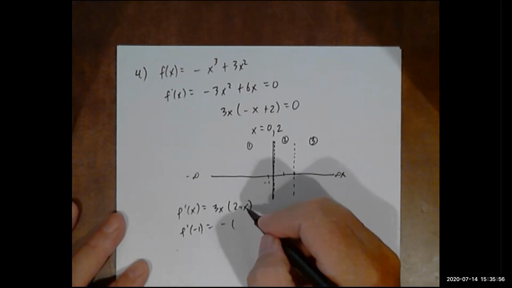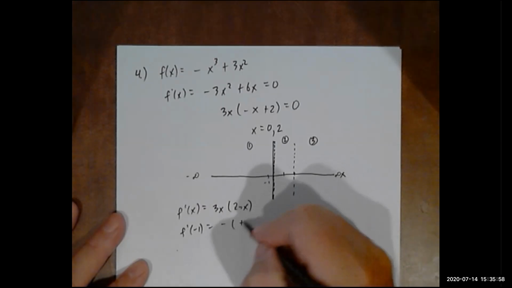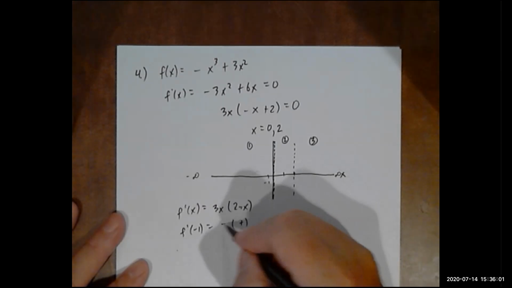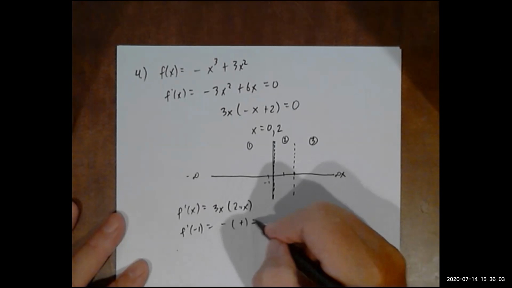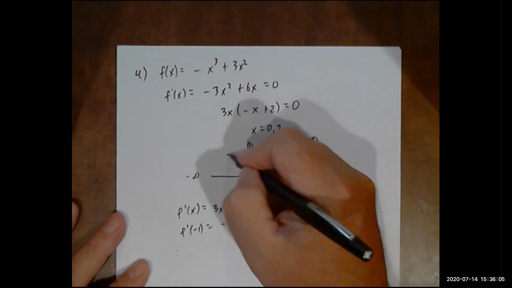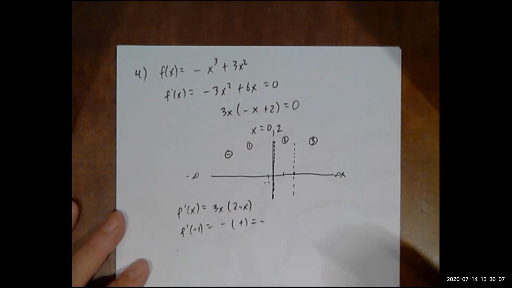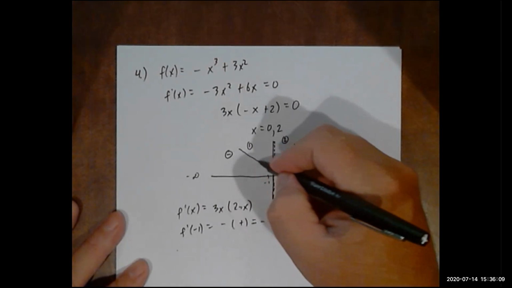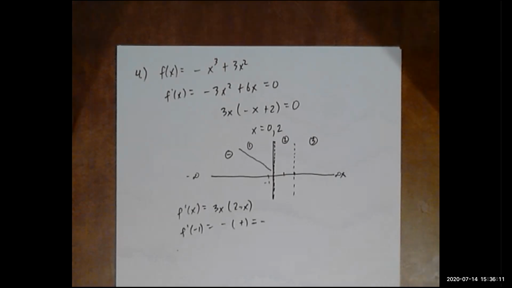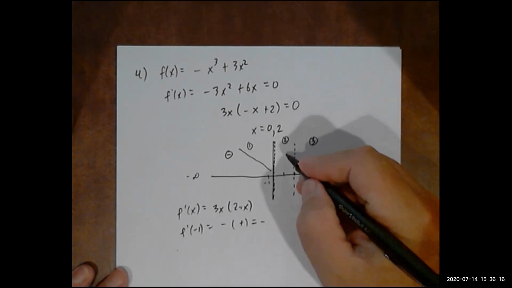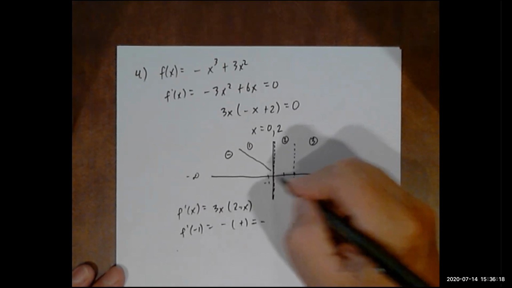2 minus a negative 1, that's like 2 plus 1, so this is positive. I have a negative times a positive. I know region 1 is a negative region, so my graph is going to be decreasing in region 1. If I go to region 2, I have to pick a value of x between 0 and 2.